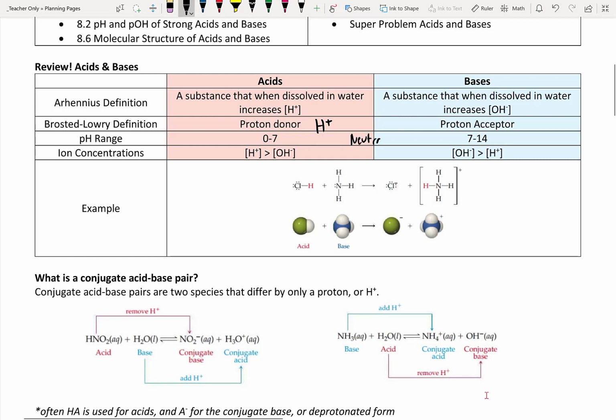Neutral is defined as when the concentration of H+ equals the concentration of OH-. Okay, and that happens at pH 7 for water at 25 degrees Celsius, but know that it is dependent on the temperature.